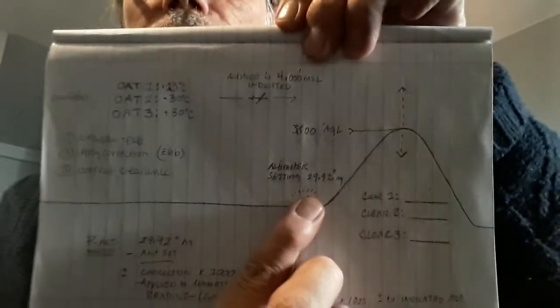So we'll start with the first one. Outside air temperature is plus 23 degrees Celsius. The altimeter setting, the reporting from the station, is 29.92. Those of you who know how to calculate pressure altitude would know that a 29.92 altimeter setting will require no correction between your indicated altitude and your pressure altitude.